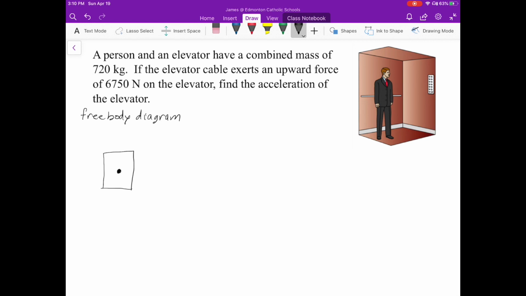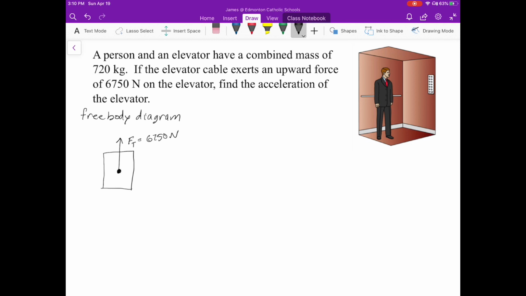So we've got one force up here, and that's the tension, 6,750 newtons. And then we've got weight acting down. And we don't know the magnitude of that force yet because we haven't calculated it.